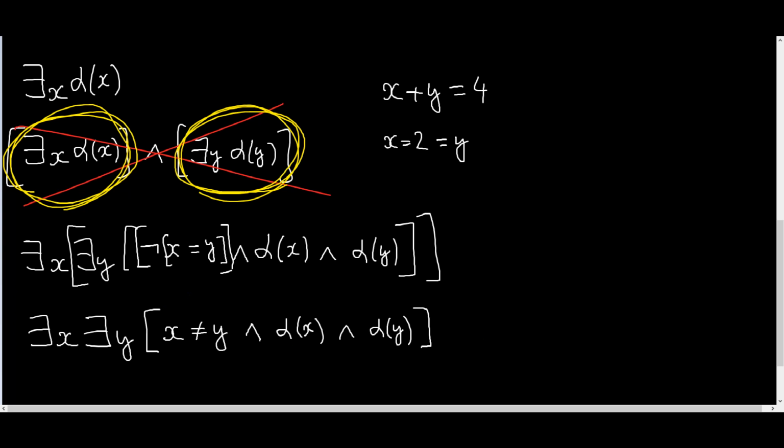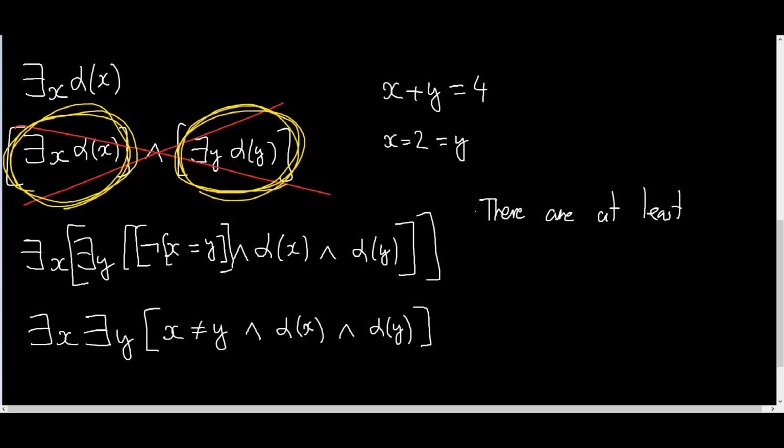So now we've looked at an example of how we can write in a symbolic mathematical statement the fact that there are at least two different x's such that alpha x is true.